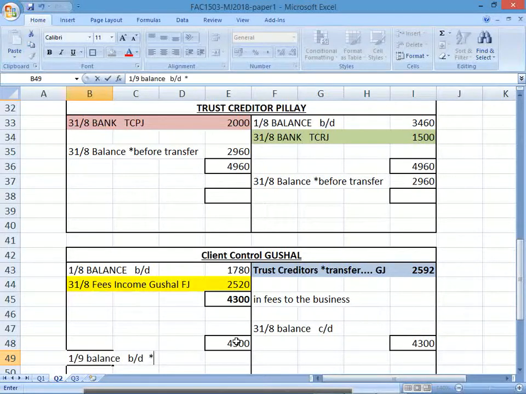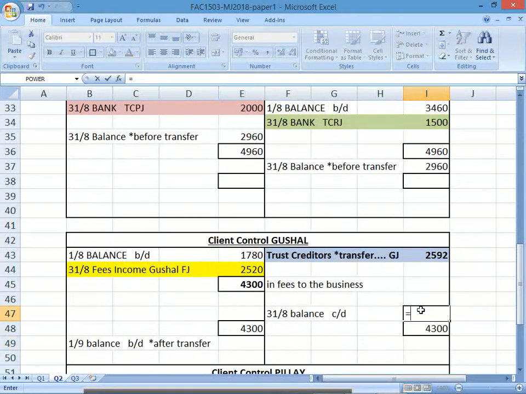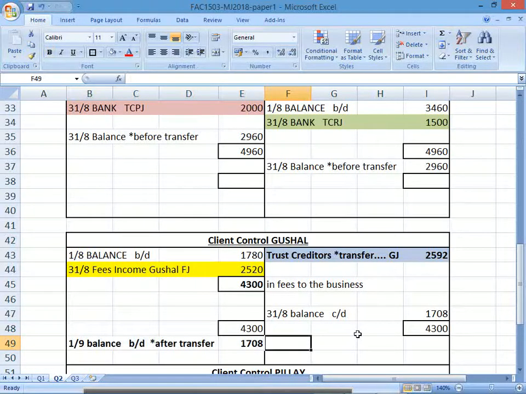This would have been after transfer, obviously. Great, and let's show that amount, the net amount. This minus the transferred amount gives us that figure. Okay, so now we finished G's account. G's complete.